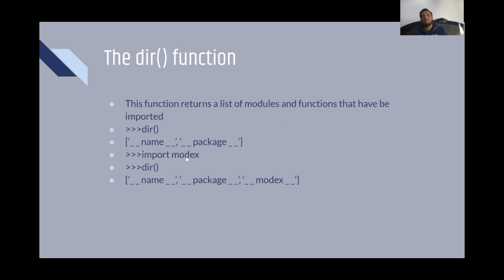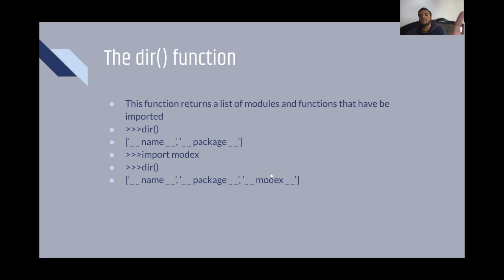Then on the next line, we type the dir function again, with the two parentheses, and we get the list again. But this time we have modux added in there because we imported it. So we have name, package, and the new one that we just imported, modux.